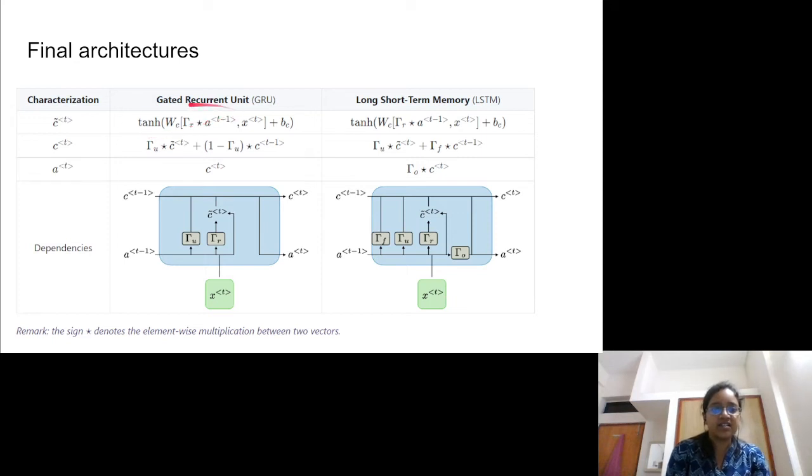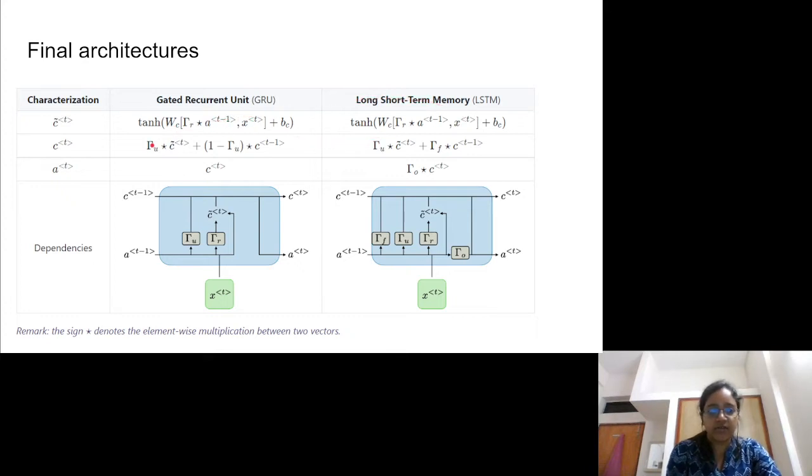Inside this current cell state you will take the current input xt, and then you'll have the older input and this gamma r. The story goes like this: you are trying to decide how much information you want to retain from the previous hidden state, and how much information you want from the current word. That is what is calculated here.